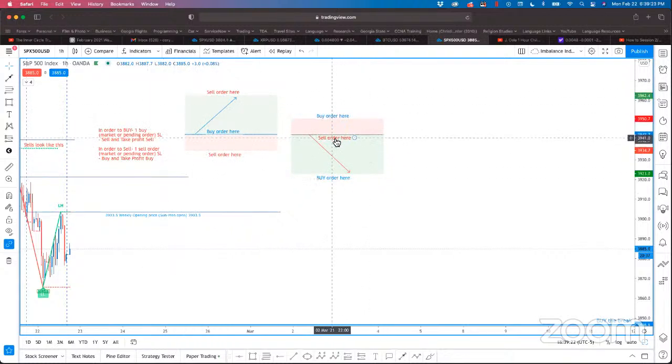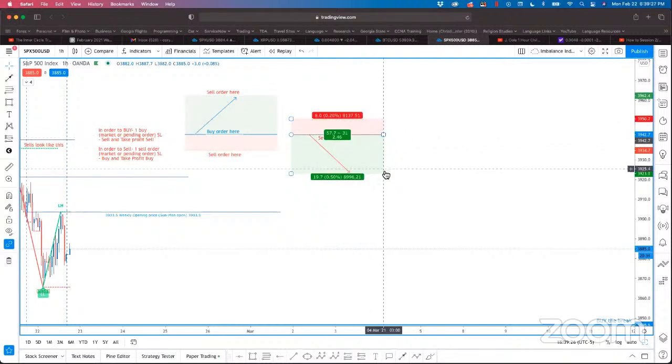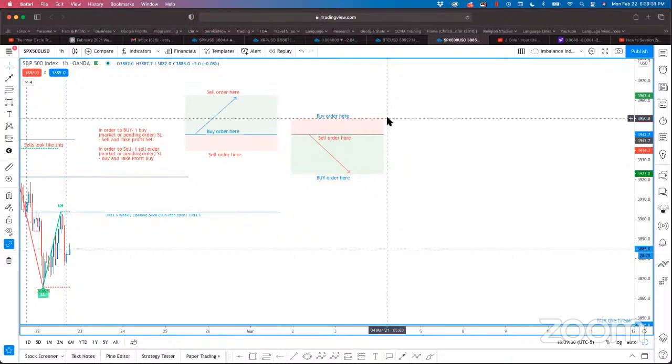If I'm going to take a sell, whether I get out with a loss or in profit, somebody has to be willing to buy back my sell order at some point in the trade, whether it's for a loss or whether it's for a take profit down here, right?